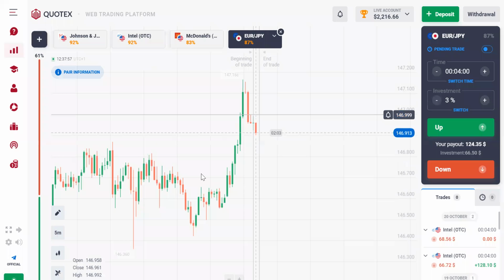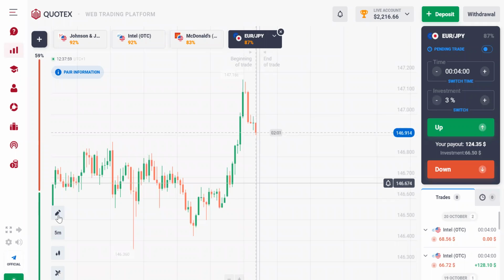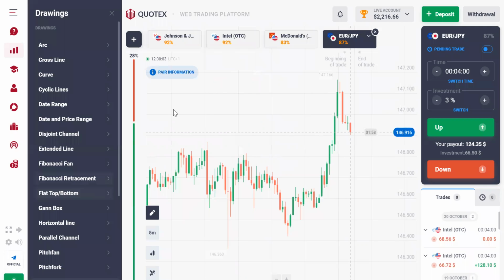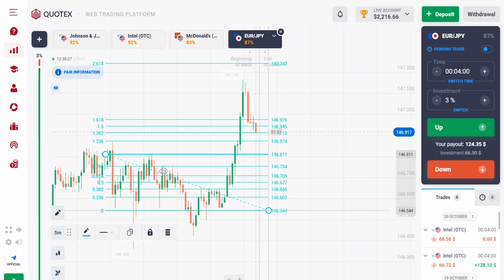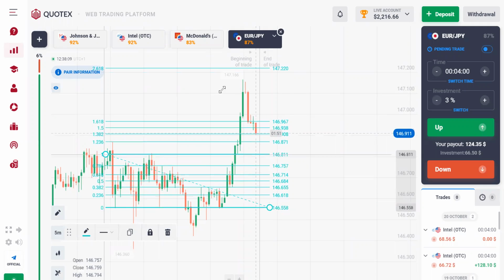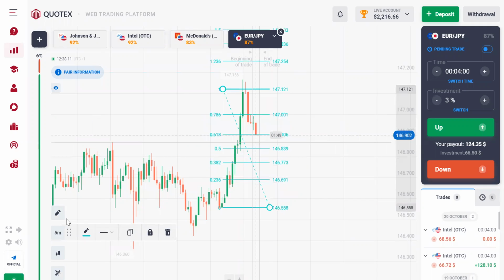Okay, on this one, we're getting some sellers. Now, just to not be caught unaware, I'll measure the range. I could use from here to this point. This is the 50% level.